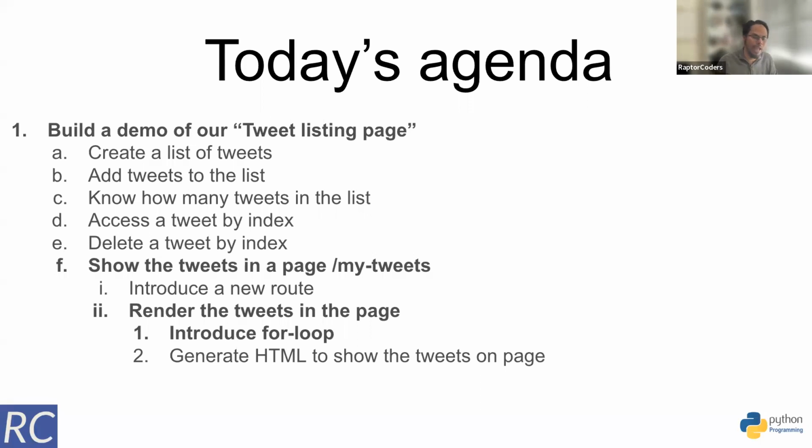We'll learn how to add tweets to the list, and how to loop through the tweets and print them one after the other on a page. This is the main agenda of today's session. We'll be introducing new items one after the other, and those are in the next slide. So I'll get started.